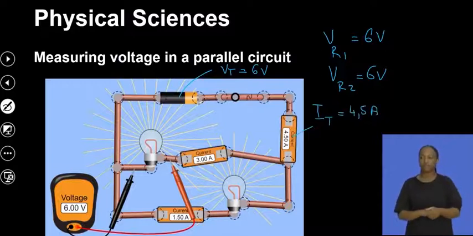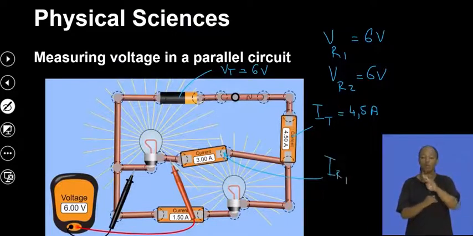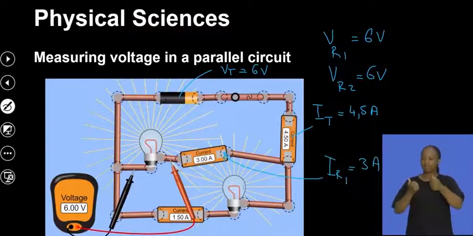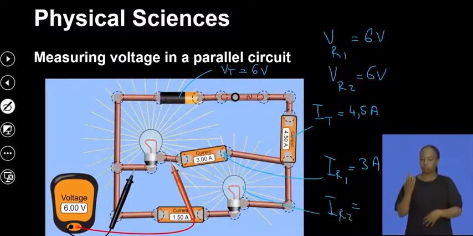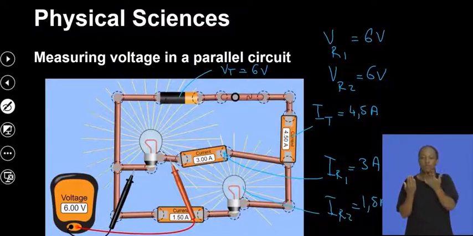Current through R1 is equal to 3 amperes, while the current through R2 is equal to half that, which is 1.5 amperes. So that's the data that we need for analyzing these results.